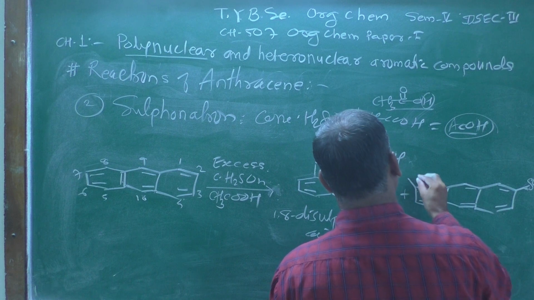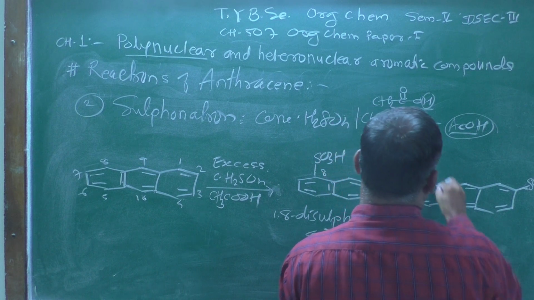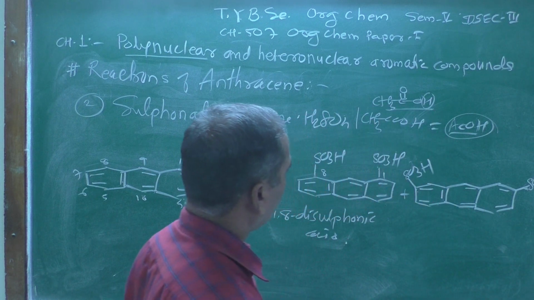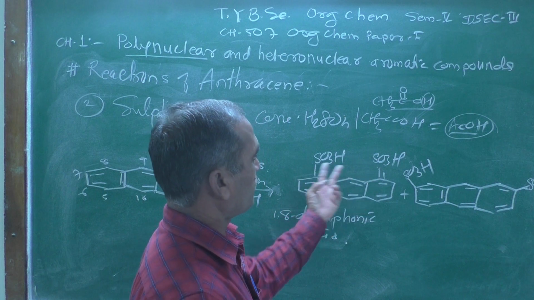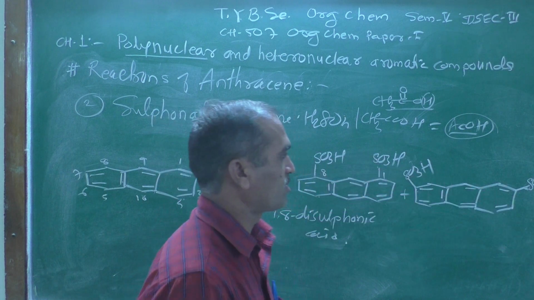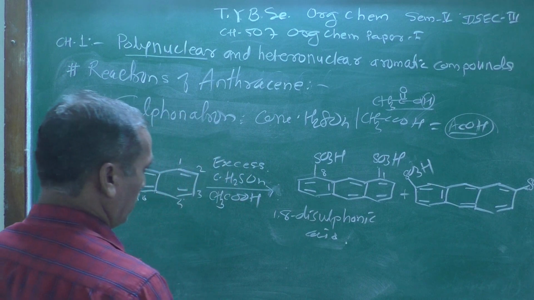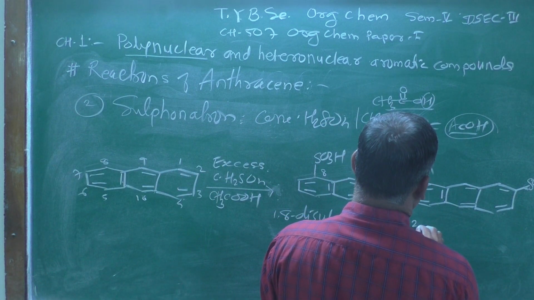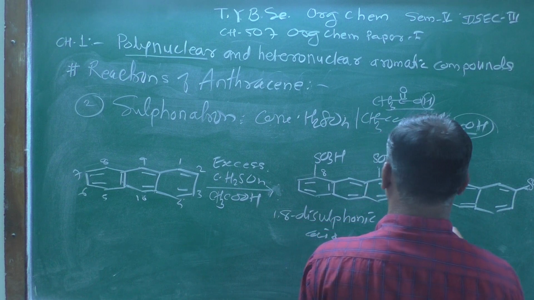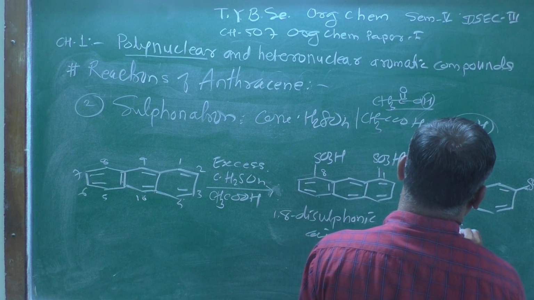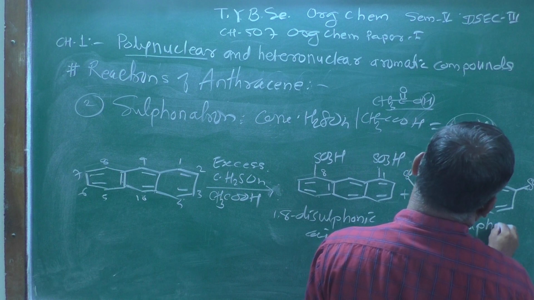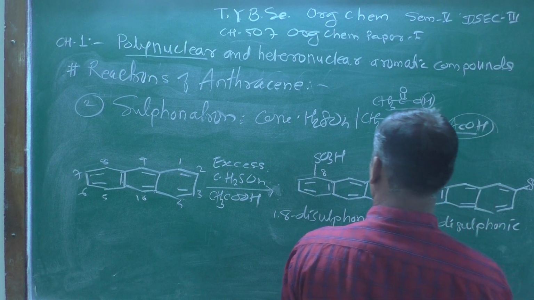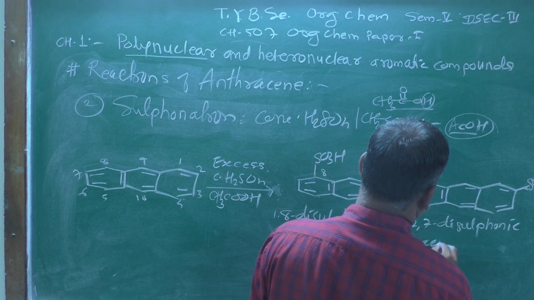Here is the 7 position, SO3H. This you can call an alpha position, and these you can call beta positions. That's the way. And you can say this is 2,7 disulfonic acid.